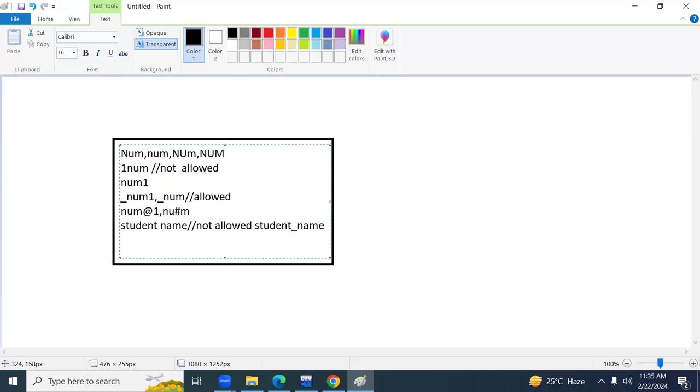In between you can use this underscore, but at the start you should not, because system variables are already there. So this is allowed. Is it clear to all of you?